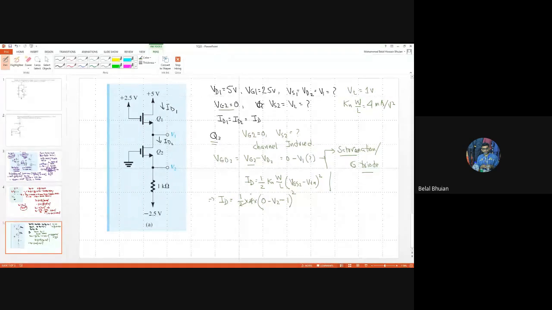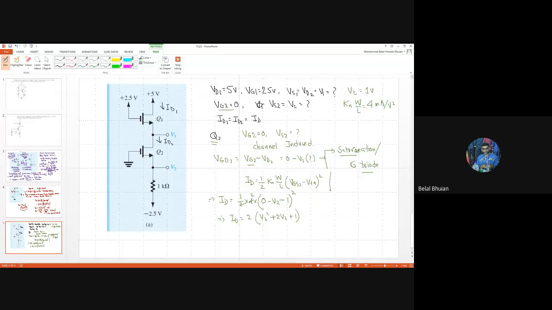That means ID is equal to 2 V2 square plus 4 V2 plus 2. Now in this equation there are two variables, one is ID, another is V2.